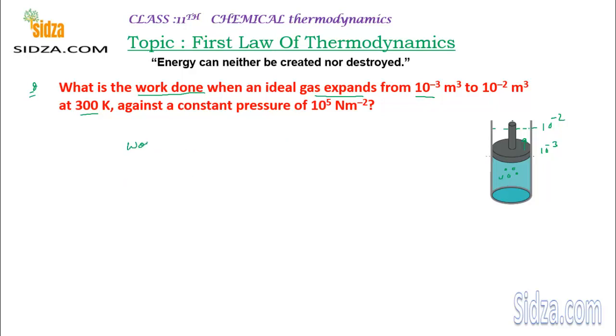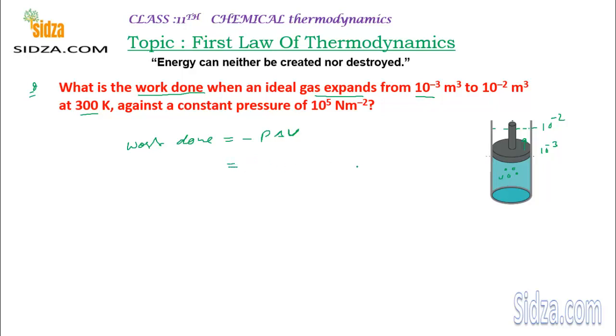The work done is equal to minus P delta V. The system is moving up, so I'm going to use the negative sign here, because this is the work done by the system.